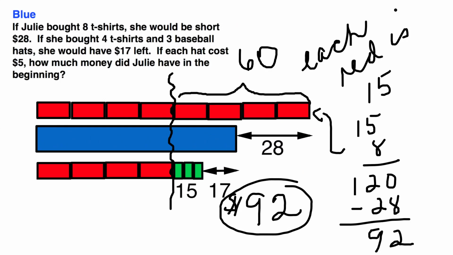Now, what's interesting here again is the fact that most American students would have some sort of representation for t-shirts and some sort of representation for hats, but this conceptual placeholder of the amount of money that Julie has in the beginning is quite frequently camouflaged in the minds of American students.